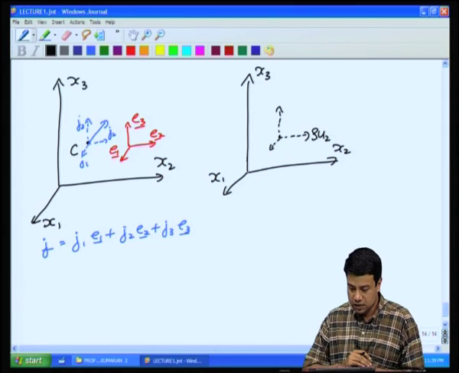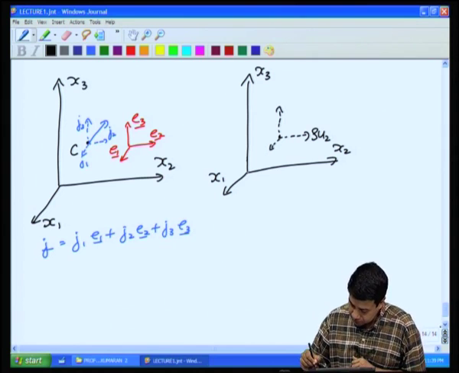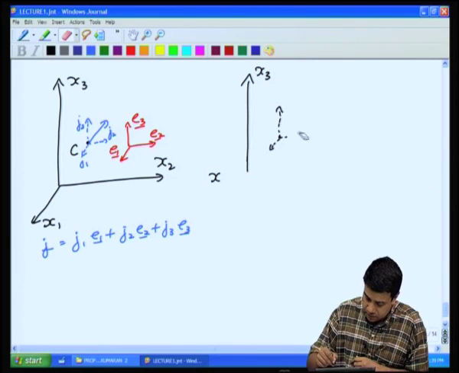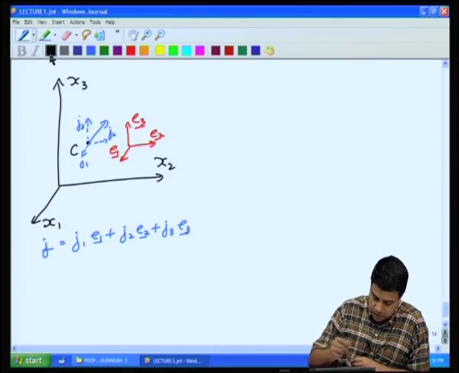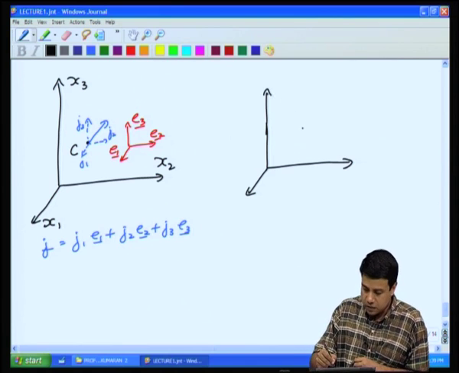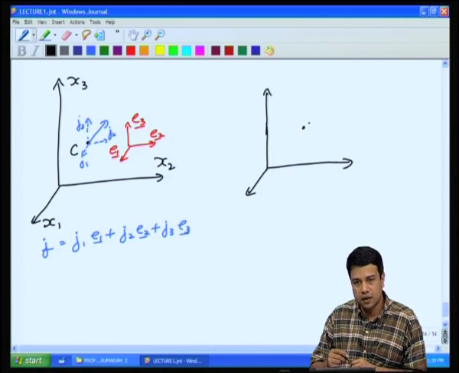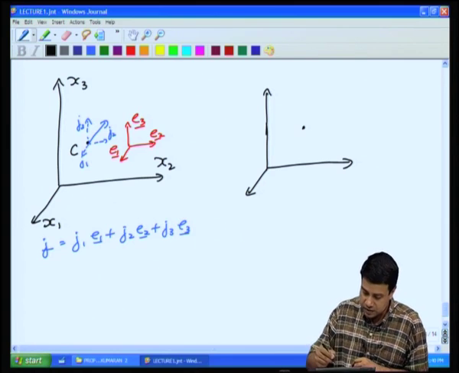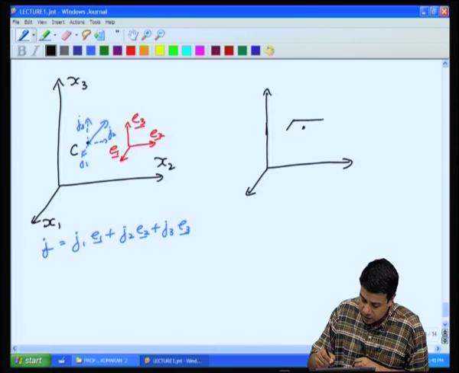So, let us make this a little more precise. If I have a particular location here, and I have a surface, imagine a surface at this particular location within the fluid.